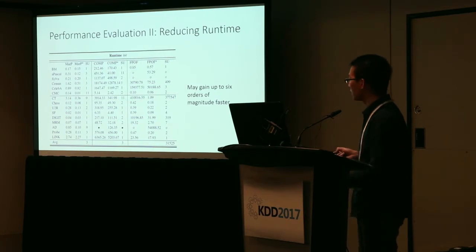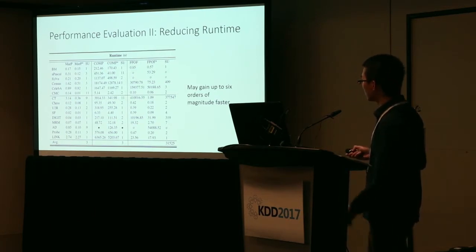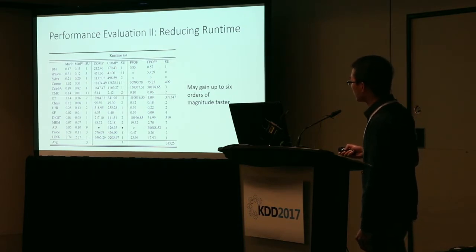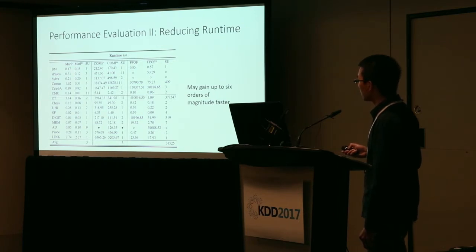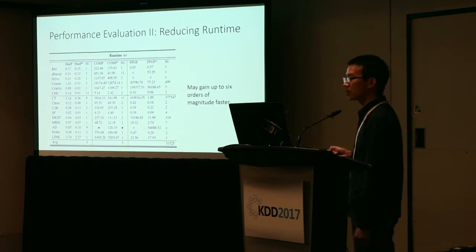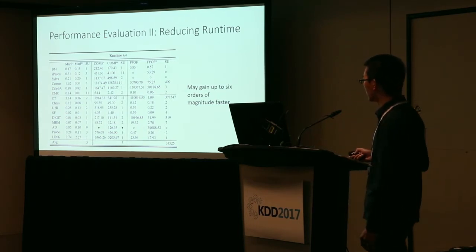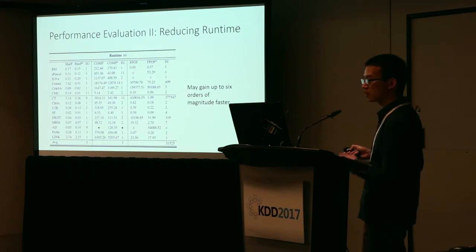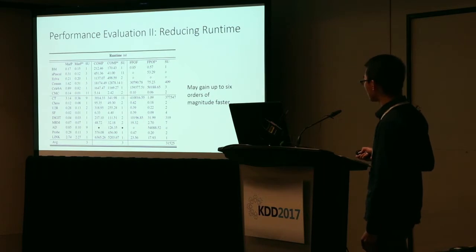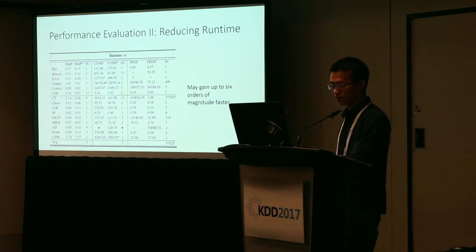And for the runtime, SU denotes the speedup. For some original data outlier detectors, if their original time complexity is not that high, the speedup is not very substantial, up to 2 orders of magnitude faster. But for the frequent pattern based ones, as you know, they are exponential in the dimension, so the speedup is up to 6 orders of magnitude.